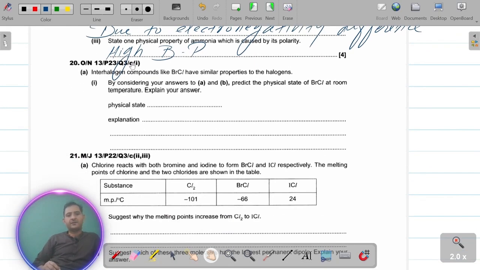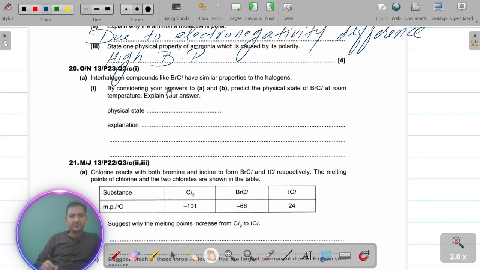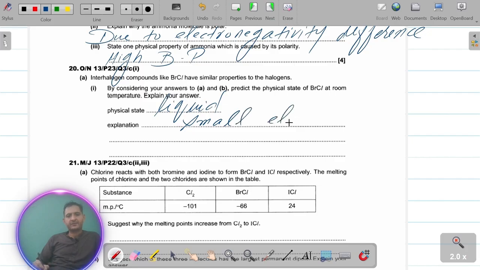By considering your answers to A and B, predict the physical state of BrCl at room temperature and pressure. What do we think is the physical state? Because it is covalent in nature, we can predict it could be a liquid or a gas. It is a small molecule with a small electronegativity difference.